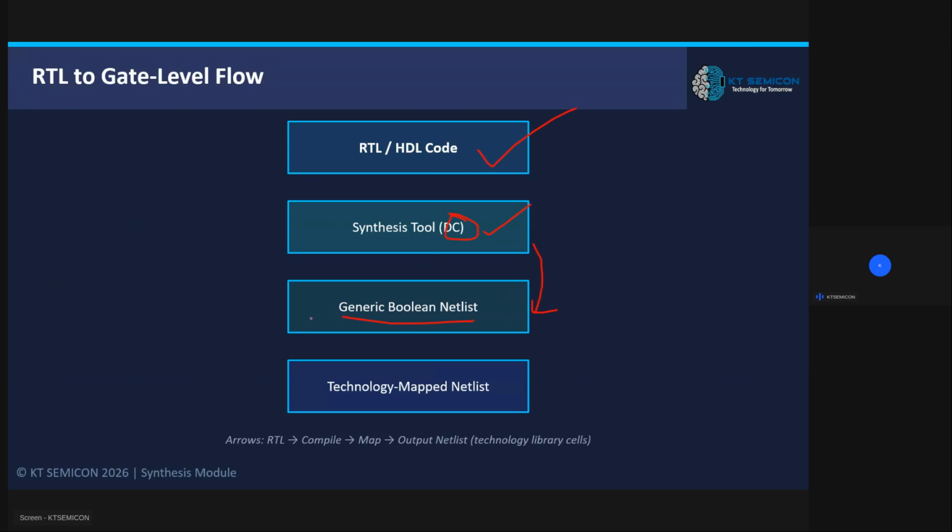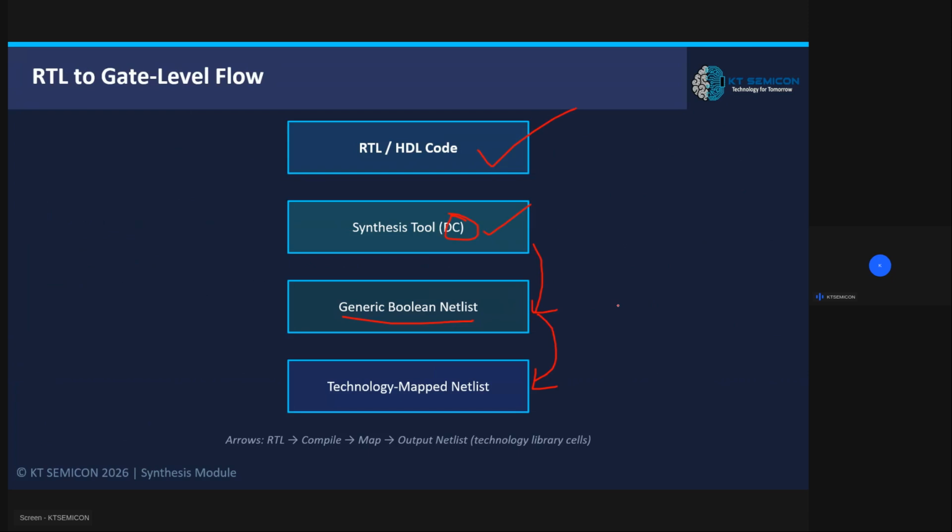So we are translating this RTL code into a particular netlist, which means, as I said, which type of AND gate, either two-input AND gate or three-input AND gate, and what the drive strength of that AND gate is, all the things. After that comes the technology mapped netlist, which is completely dependent on technology.